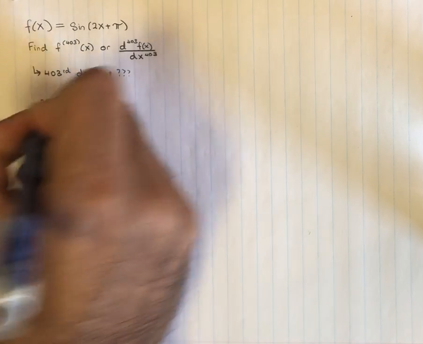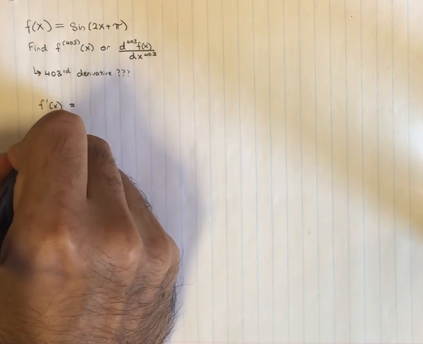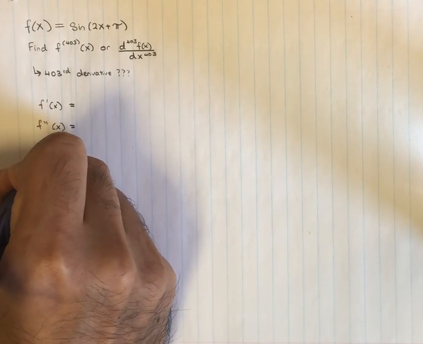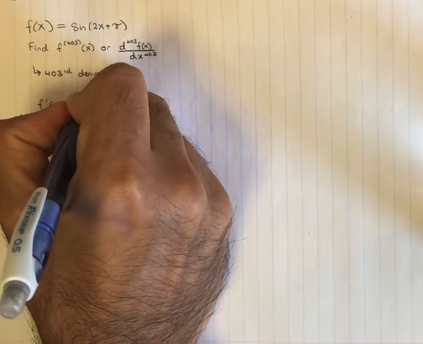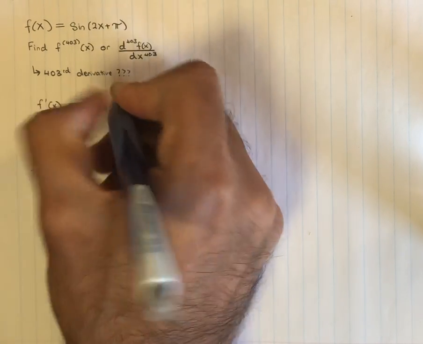We have f prime, f double prime, f triple prime, and the fourth derivative. So the first derivative is going to be 2 cos of 2x plus pi.